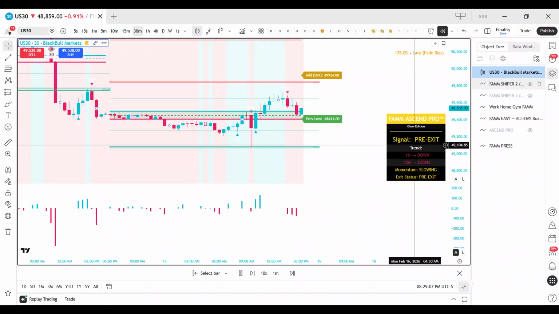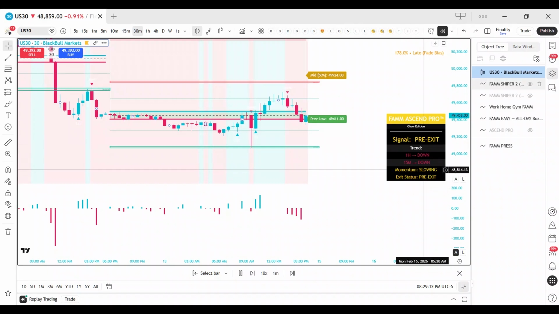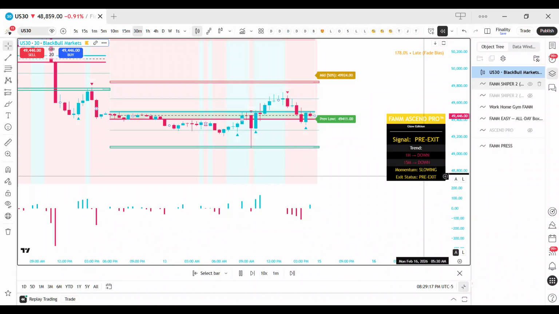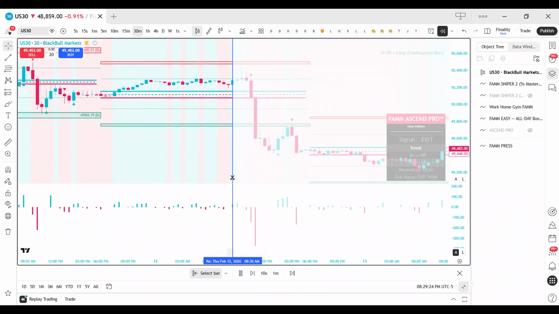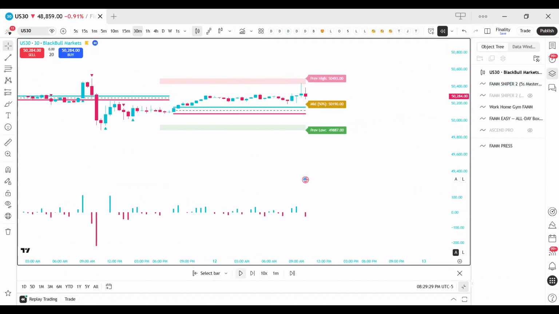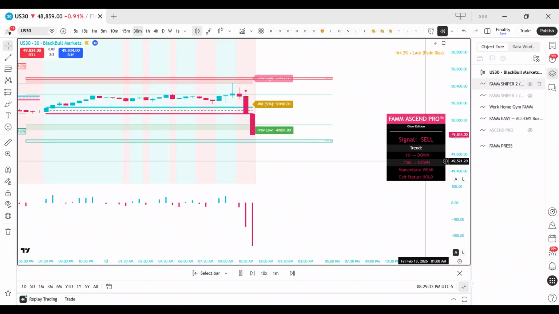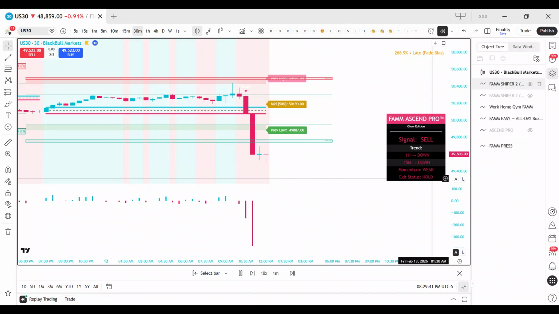It changes between pre-exit, exit, the trend changes, and it tells you sell or buy. It tells you what the momentum is, whether it's dead, whether it's weak, whether it's strong, right? And it just gives you a nice guide as you're going along with this. So these two are side by side while you're trading. So if you want to just focus on the higher time frame, you absolutely can. It still does a great job, as you can see.